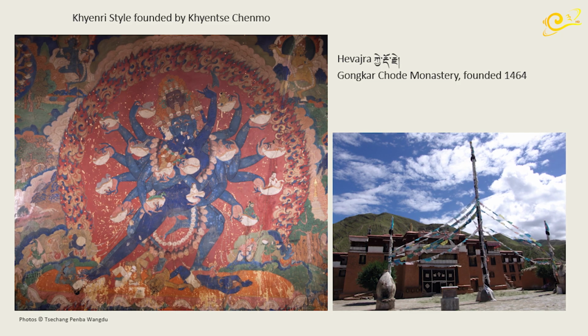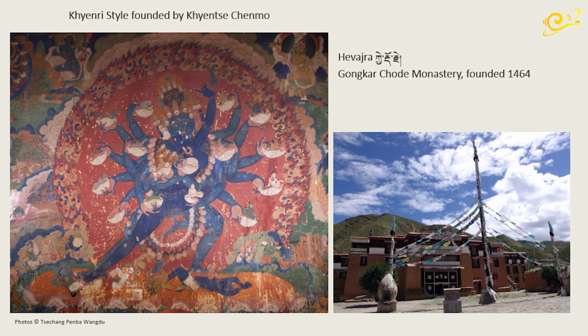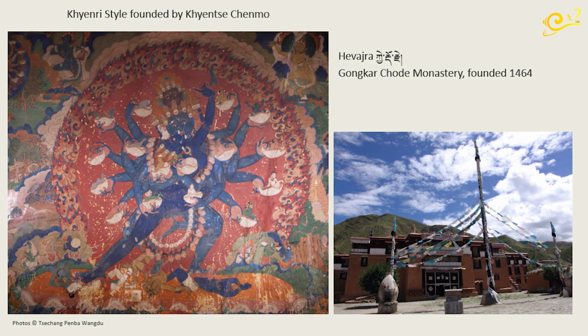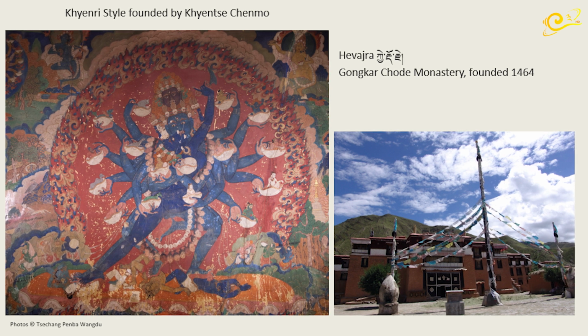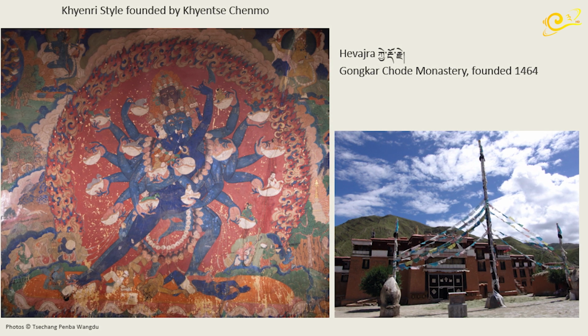However, Menla Dundrup wasn't the only one who was changing the way that art looked. The other person was Kensei Chenmo. Kensei Chenmo is considered to be one of the contributors and innovators of what's called the Kenri style. And we can see his work at the Gongkar Chode Monastery in Tibet that was founded in 1464.